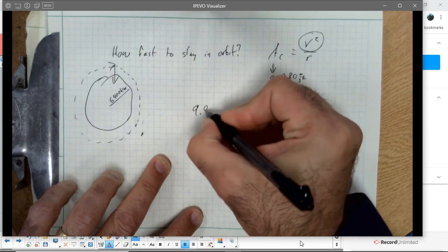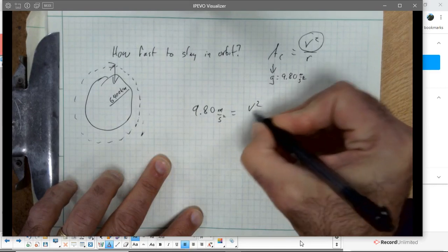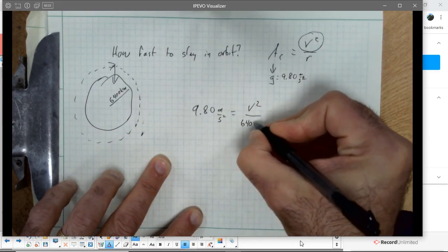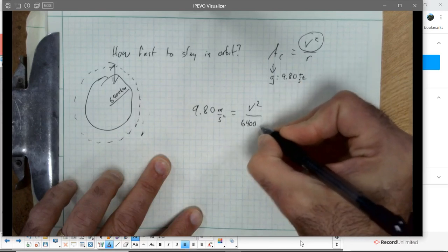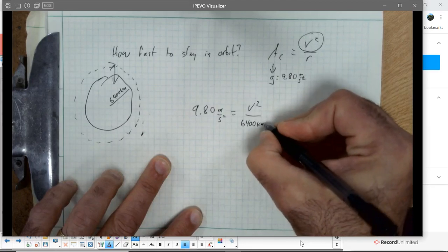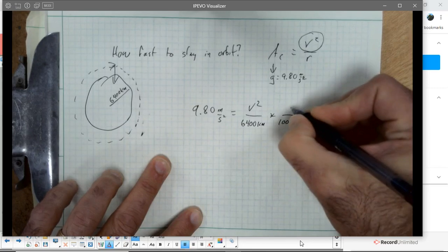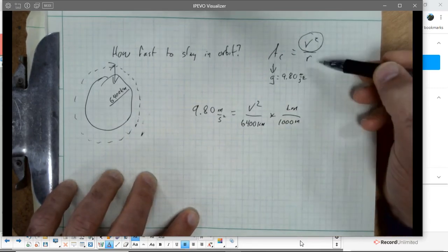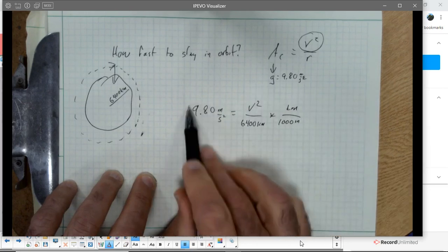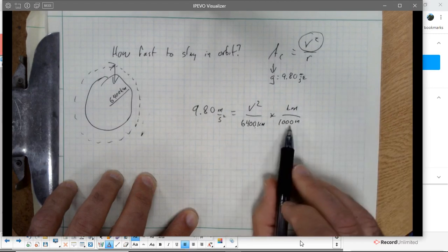So 9.80 meters per second squared is equal to v squared divided by the radius, which is 6,400 kilometers, times 1,000 meters per kilometer, because we need our radius to be in meters if we're going to get meters per second squared for the acceleration.